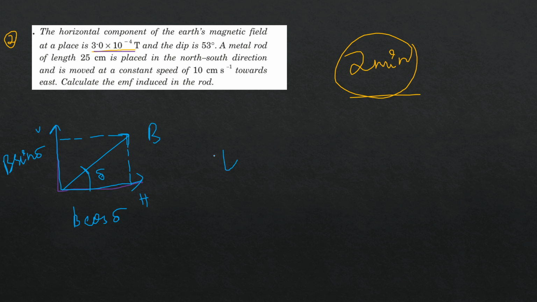In the triangle, tan delta is how much? Tan delta is B sine delta by B cos delta. B cancels, sine by cos is tan.